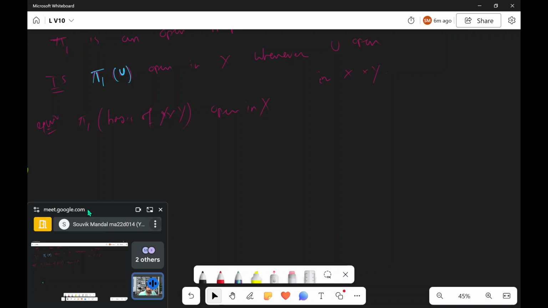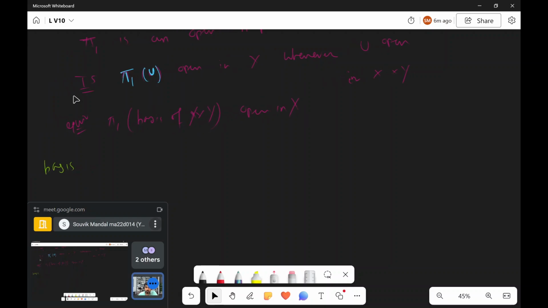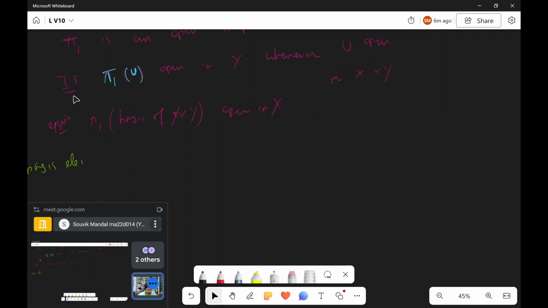Any basis element, how does it look? It is a union over alpha of U alpha cross V alpha, where U alpha and V alpha are open in X and Y respectively. Now pi 1 of the union of U alpha cross V alpha is equal to the union of pi 1 of U alpha cross V alpha, which is equal to the union of U alpha.